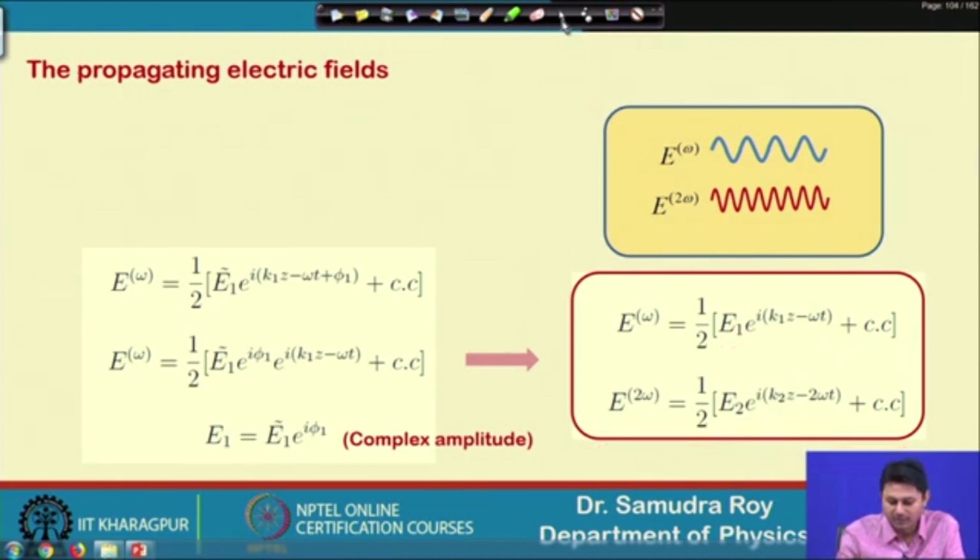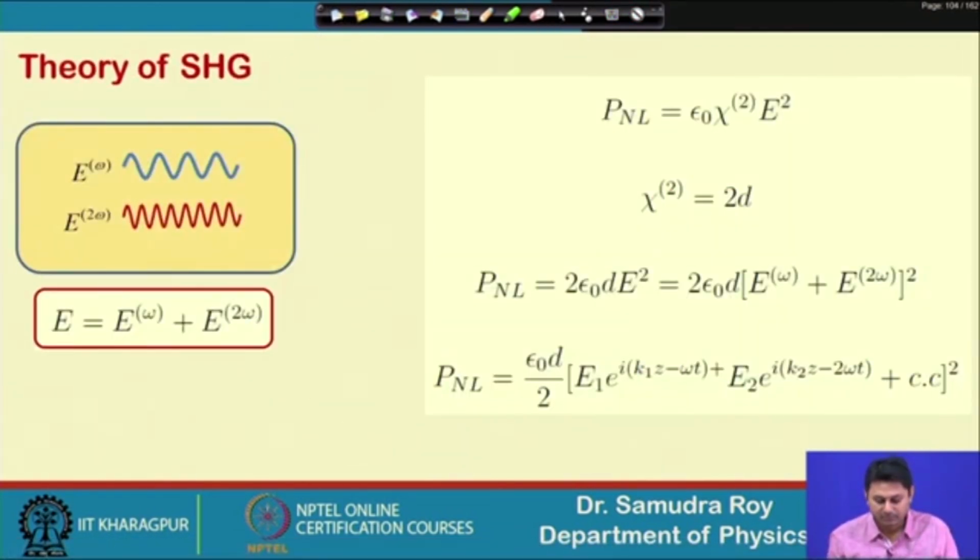So, I should go back to that slide where I am making the square term. E1 e to the power of i(kz minus omega t), E2 e to the power of i(kz minus omega 2 t), plus this, and the square of that. So, P nonlinear is this.